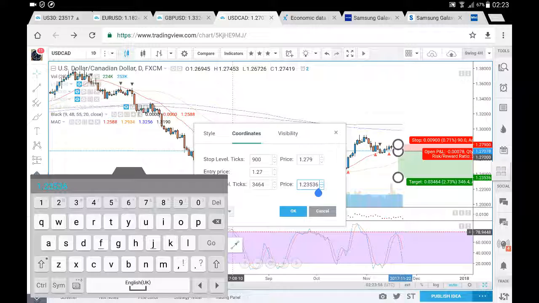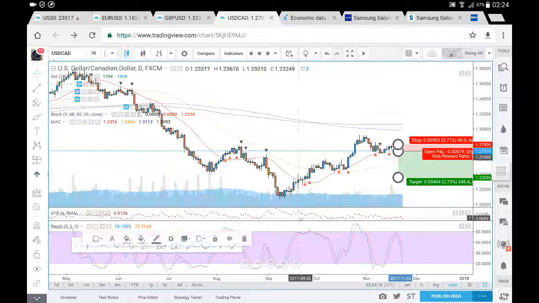Just bear with me a second here. So we've got 127, and our take profit is going to be 125.46. So 125.46, and let's mark that on the charts. There we are.